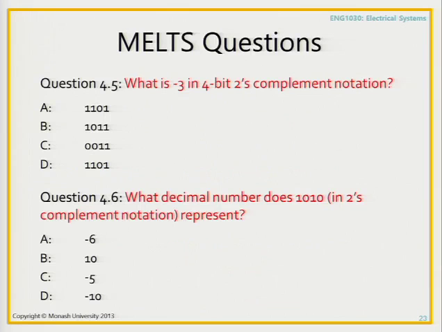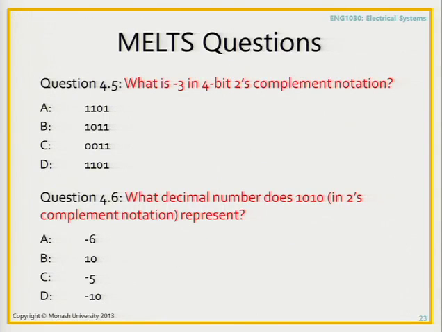Okay, so just to test whether we understand what's going on, let's quickly do these two examples. I'll give you a couple of minutes. So here's a chance for you to figure out how to convert this number. What is negative 3 in 4-bit 2's complement notation?